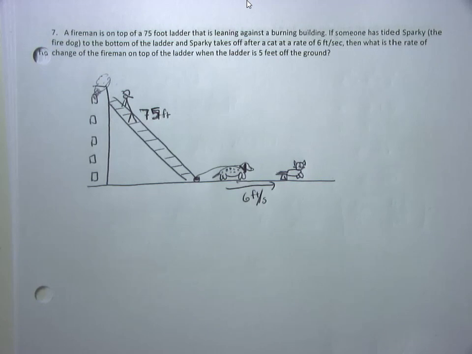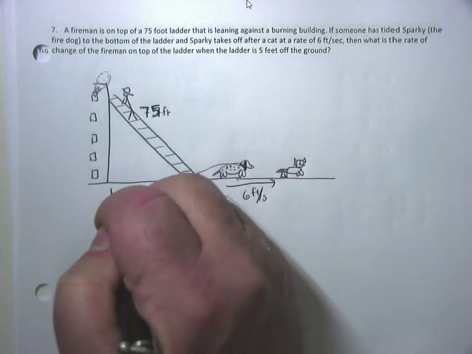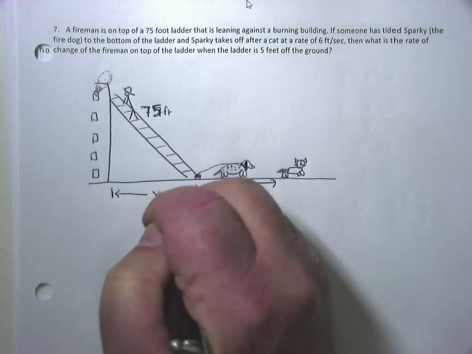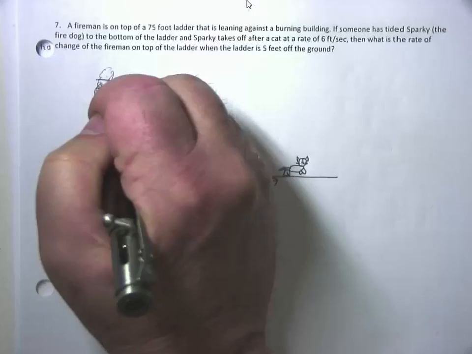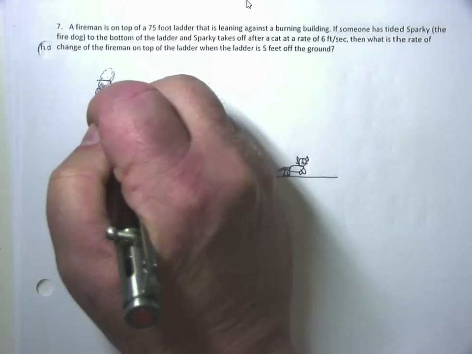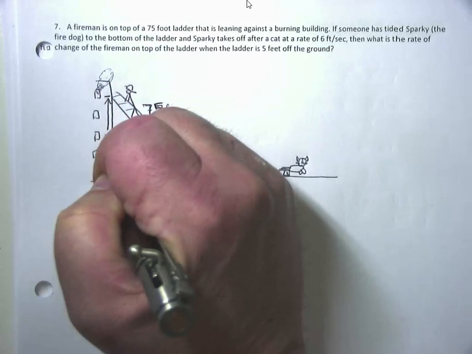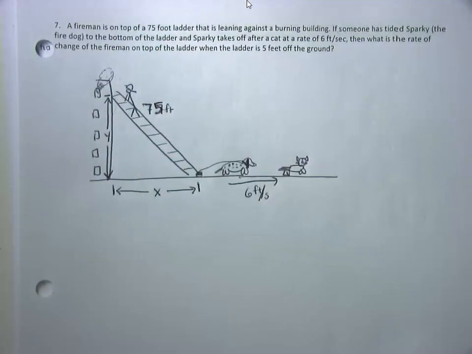So I need some variables in this stuff. Now the 75-foot ladder is fixed, but right here is the distance the ladder is against the wall. I'm going to call that X. The brave fireman up here against the wall, against the burning building, I'm going to call this Y. Does that make sense? Direction is everything.